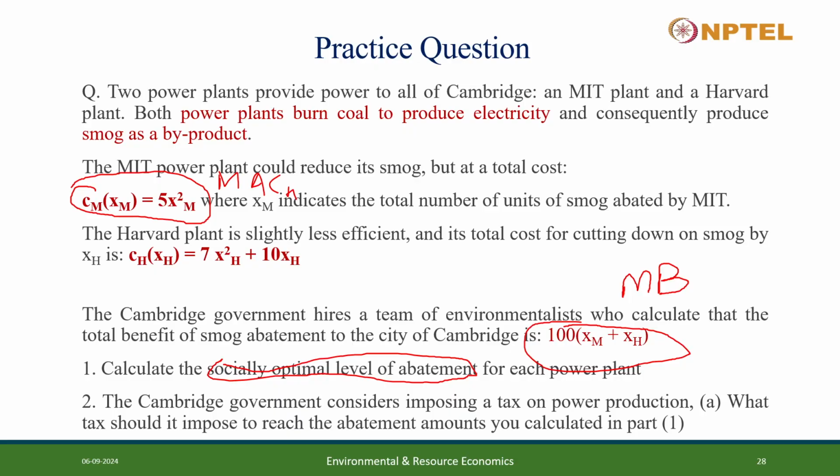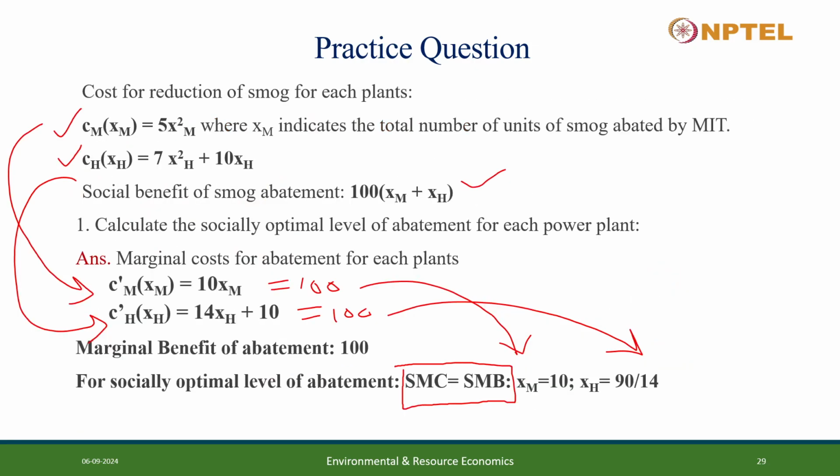When we try to derive the marginal cost of abatement, we are differentiating the cost function with respect to the abatement level. If we differentiate 5xm square with respect to xm, we get 10xm. To get the socially optimum level of abatement, we equate this with the marginal benefit.